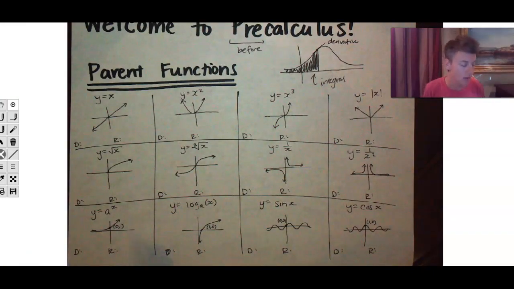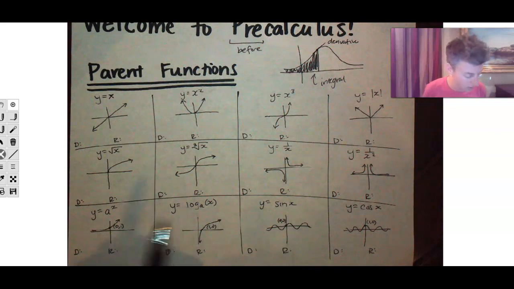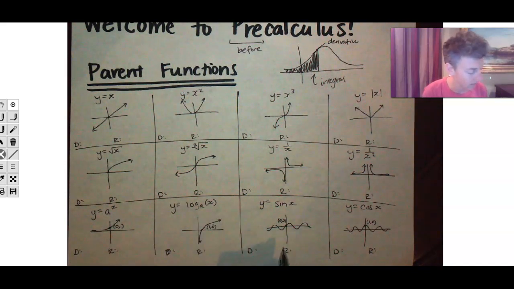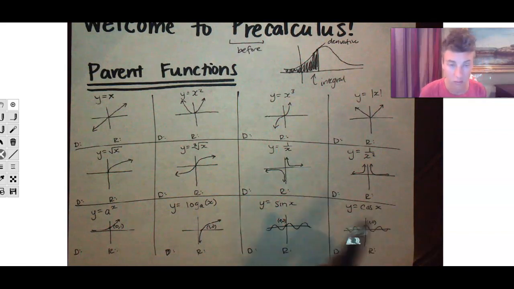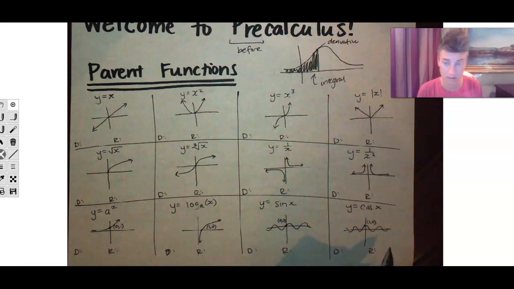Okay, so you should have all 12 of your parent functions sketched out. You know, they're pretty rough sketches. I just put some important points on there, like the y-intercept for the a to the x and y-intercept for log base a of x, and sine and cosine to remind myself that sine goes through 0, 0 and cosine goes through 1, 0.